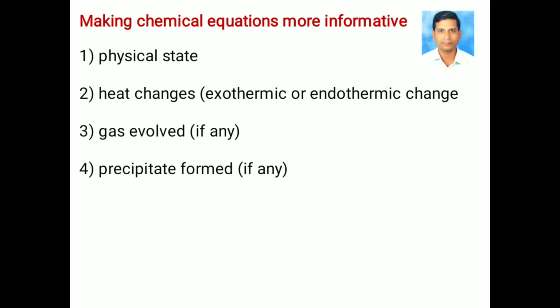Expressing precipitate formed in a balanced equation. If a precipitate is formed in the reaction, it is denoted by a down arrow. Let us discuss with an example.